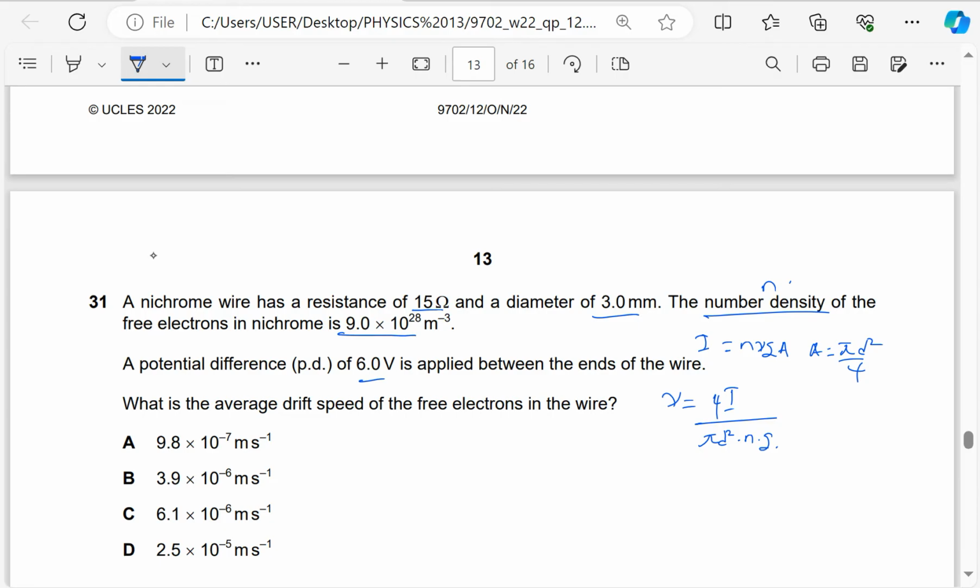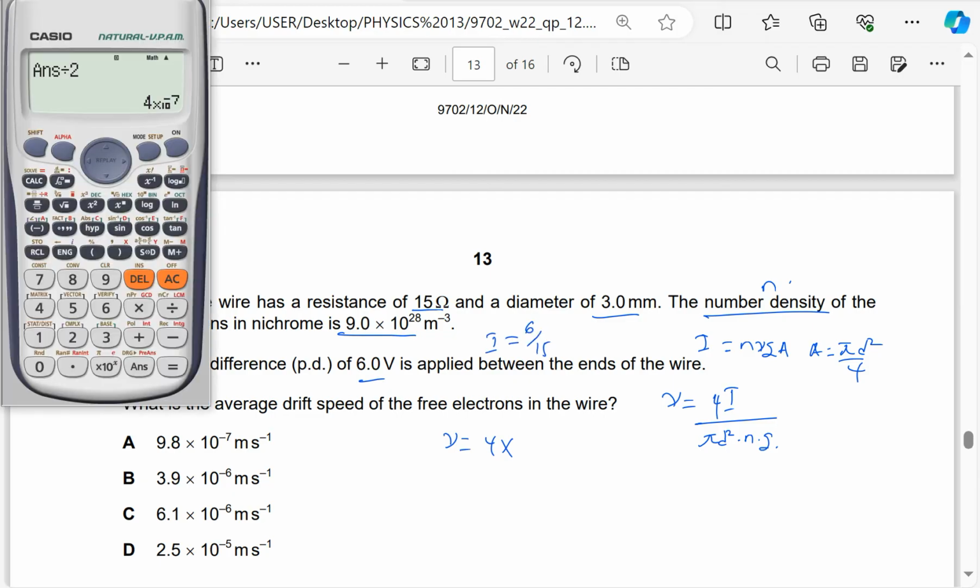So I'm just going to substitute here. v is going to be 4 times the current. The current is going to be, I is going to be V over R, 6 over 15. 6 divided by 15, that is 0.4.